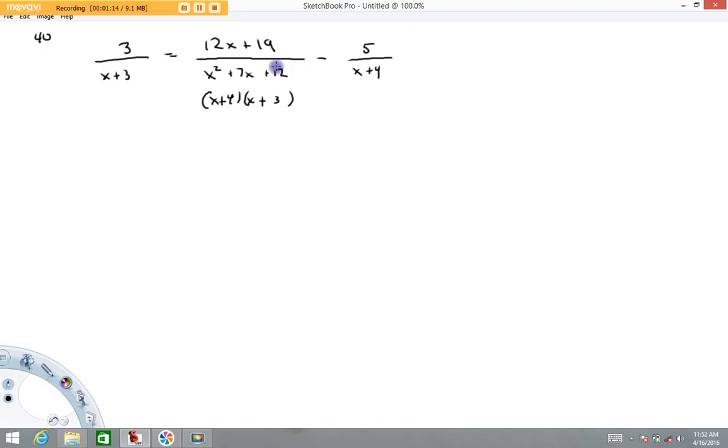We're going to want to multiply everything in this equation by x plus 4 times x plus 3. So if we do that, it's going to be a lot of writing, but I'm going to go ahead and write it all out. Here's the left-hand side. Again, multiplying by x plus 4 times x plus 3.